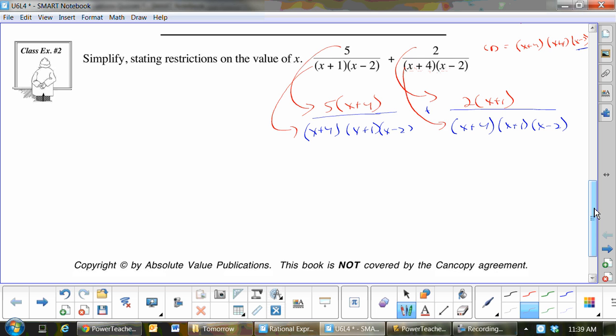Now, the bottom together, we know, is going to be x plus 4 times x plus 1 times x minus 2. Okay, the top would be 5x plus 20, right? You got to multiply that 5 in, plus 2x plus 2.